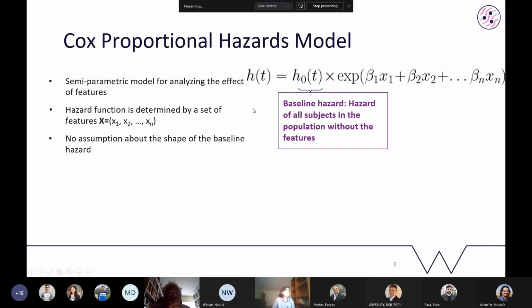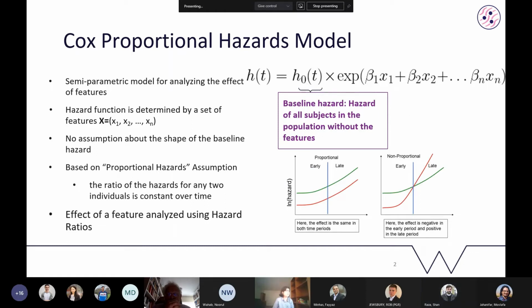Now, before using this Cox proportional hazards model for modeling survival for your data, there is one thing that you should be very careful about, and that is the proportional hazards assumption. This model is based on the assumption that the ratio of hazards of two individuals remains constant over time.